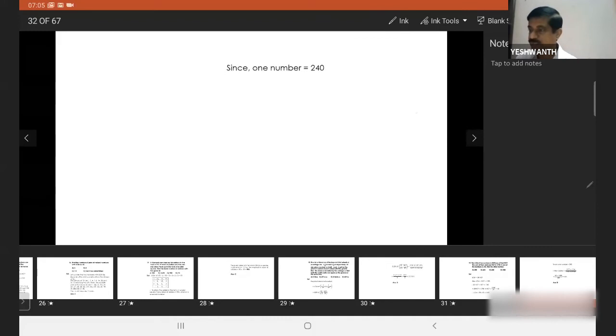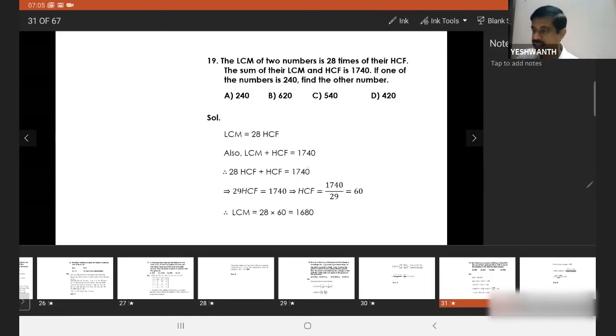Therefore, one number is 240. The other number is HCF into LCM divided by that number, 240. You'll get it as 420. Instead of going to the second page, we'll write it on the first page only, children. AB equals LCM into HCF.